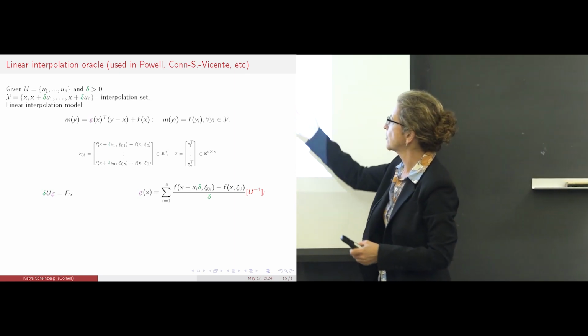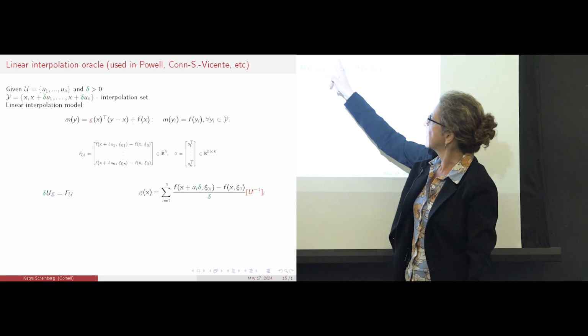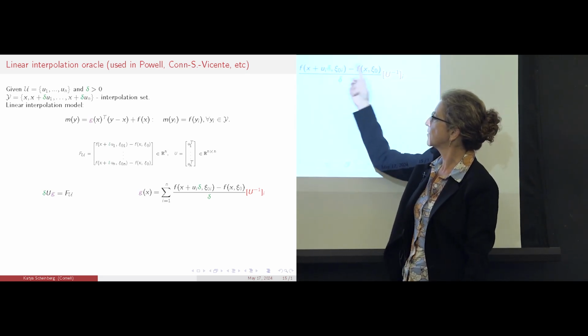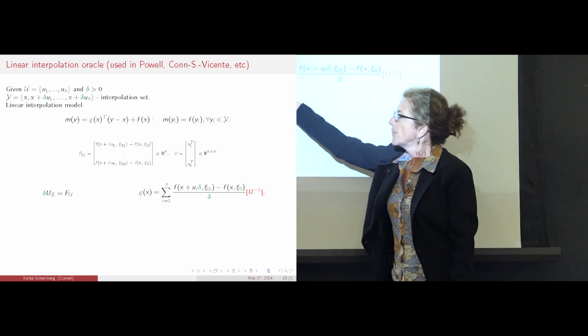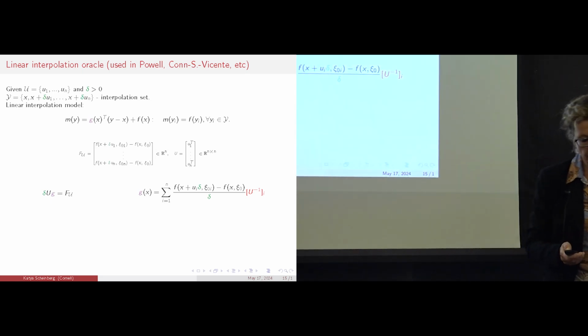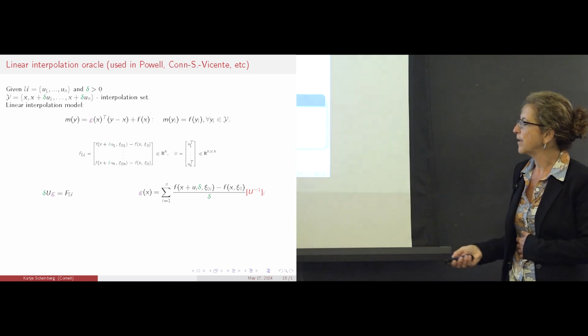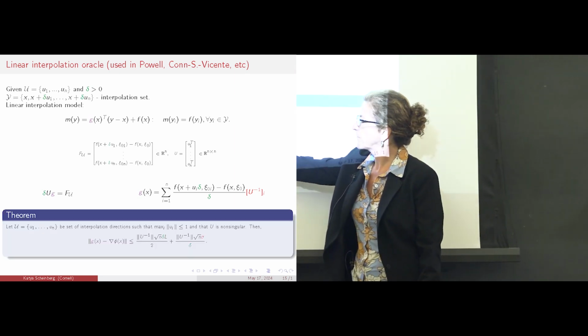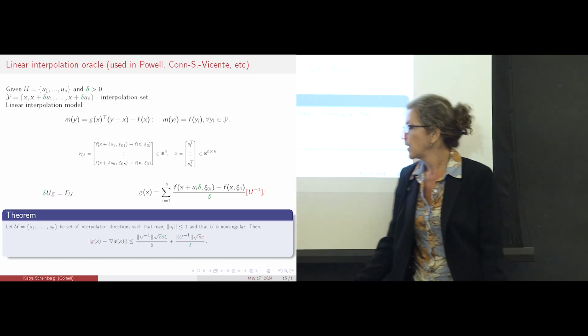And essentially, you have these function values, so you have n plus 1 points where you evaluate your function with some error. You compute the gradient estimation based on solving a system of linear equations, and you get this bound.